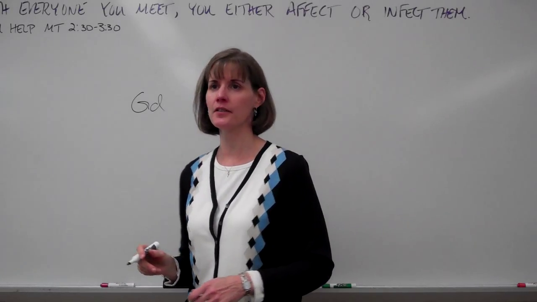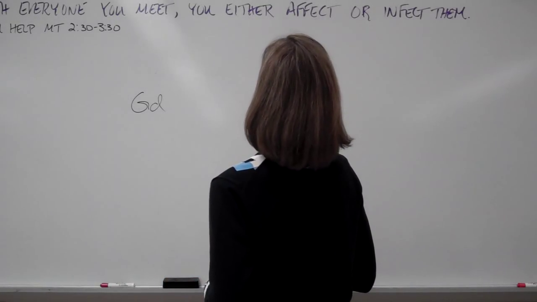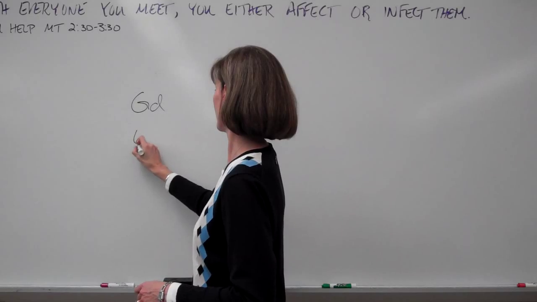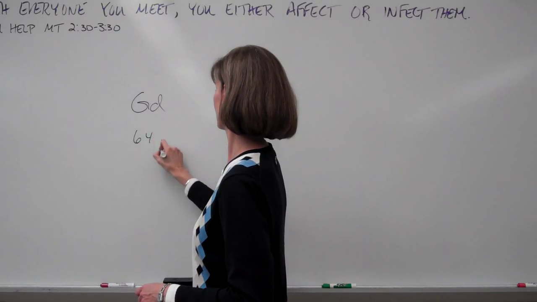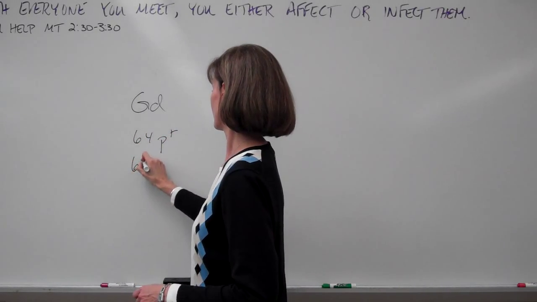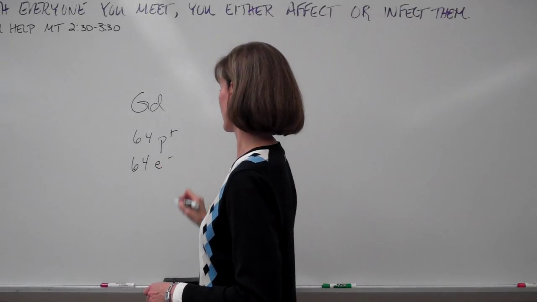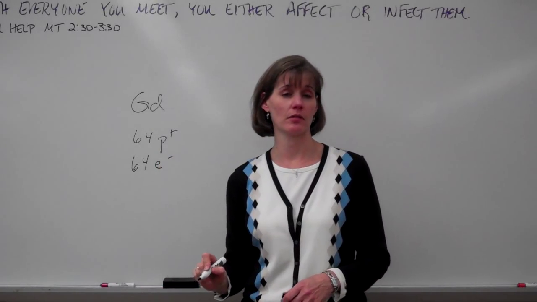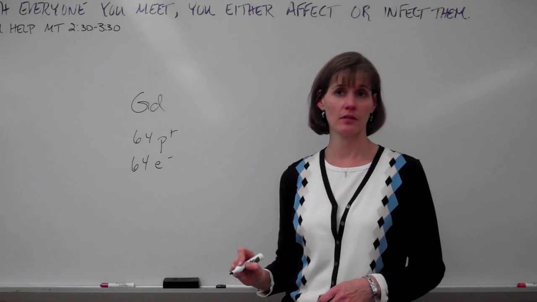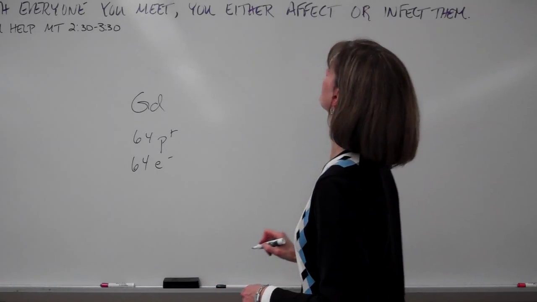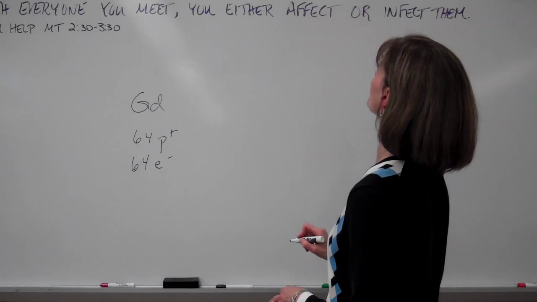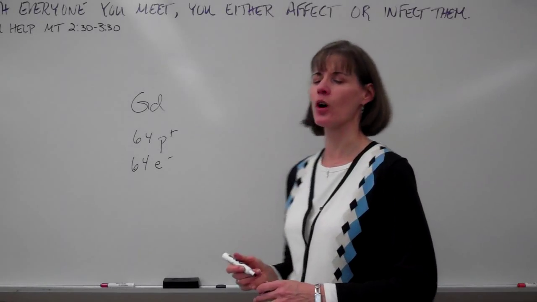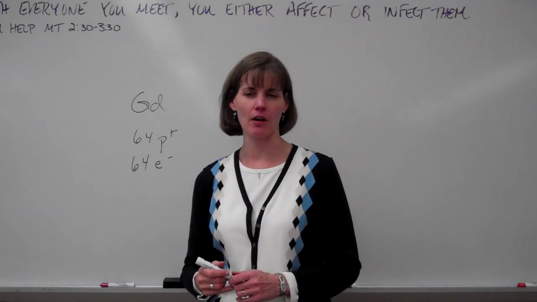Gadolinium has 64 protons, 64 electrons, and how many neutrons? What is 157 minus 64?